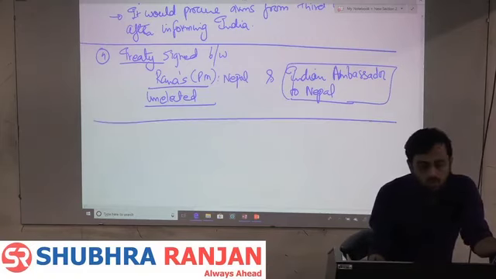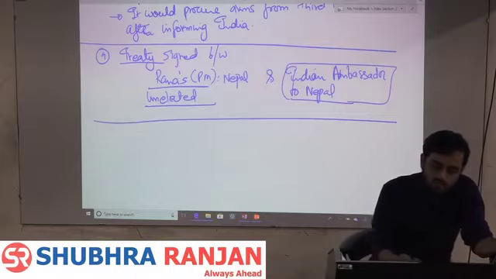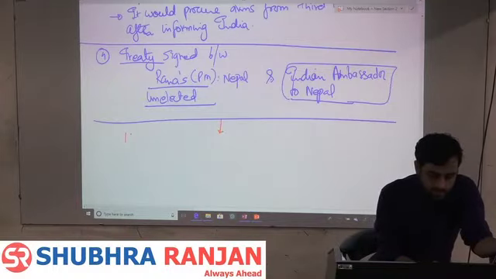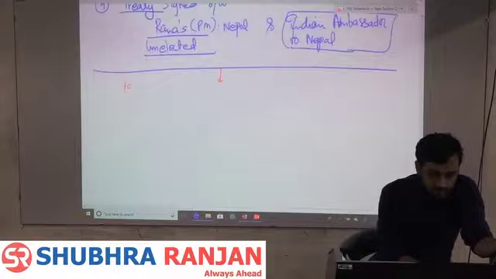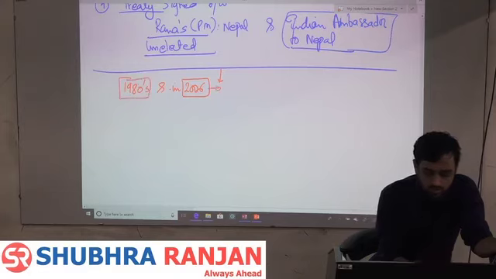Now, though this treaty was signed in 1950, since then, constantly from time to time, firstly, what has happened is that in the 1980s and in 2006, the Nepali ruling class did what?